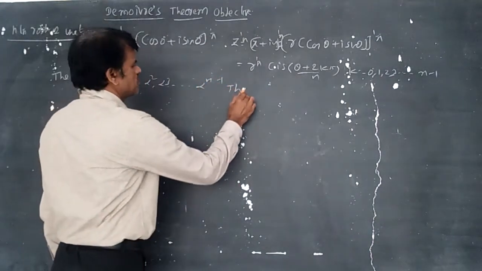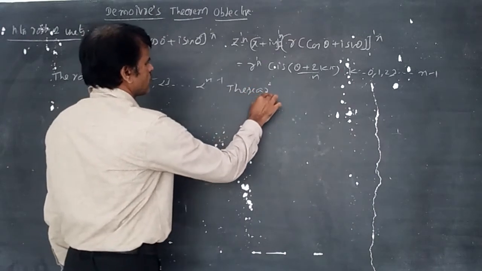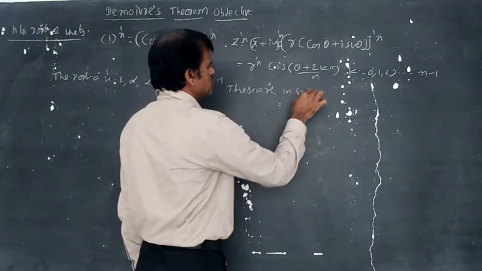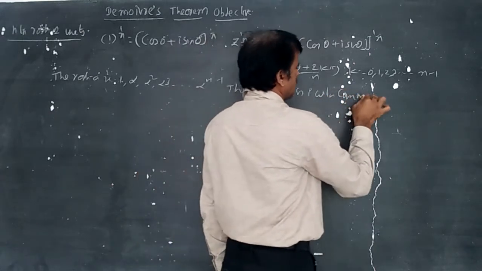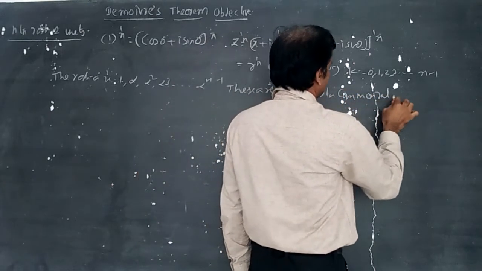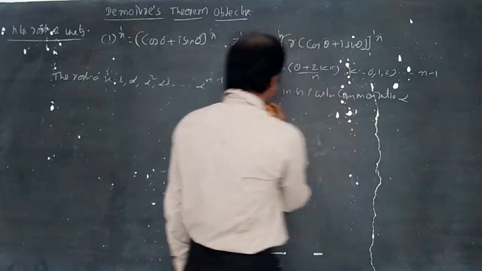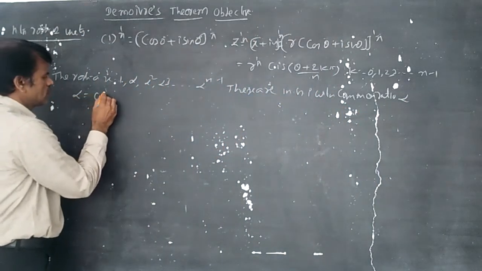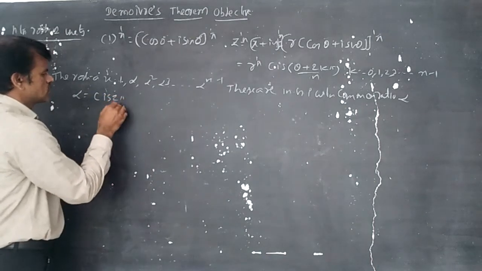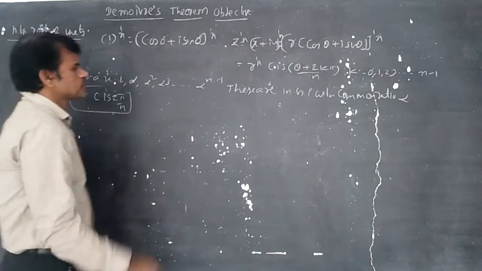These are in GP, with common ratio alpha, where alpha is equal to cis 2 pi by n.